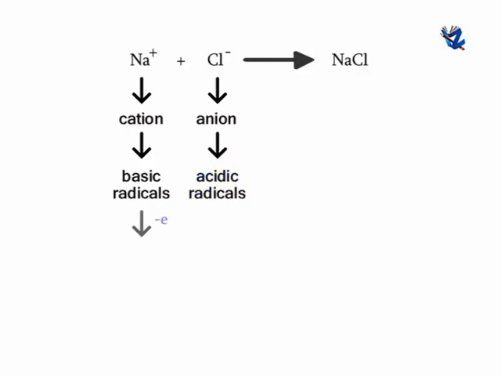Generally, basic radicals are formed by removal of electrons from the atoms of metals, such as the sodium ion, but there are some exceptions such as the ammonium ion. Similarly, the acidic radicals are formed by adding electrons to the atoms of non-metals, for example the chloride ion, but there are some exceptions like the MnO4 ion.